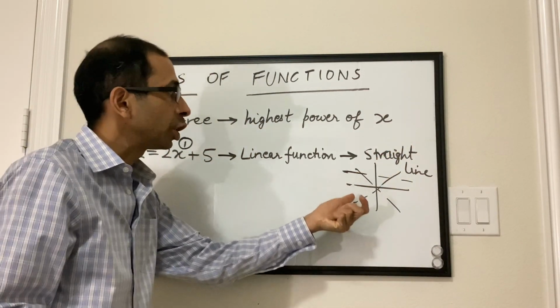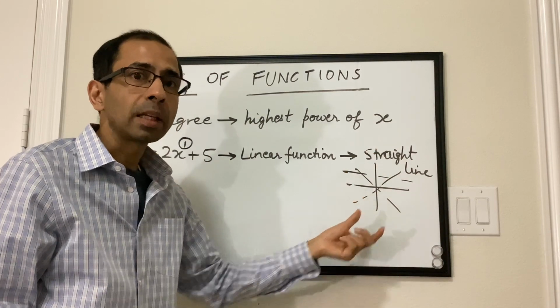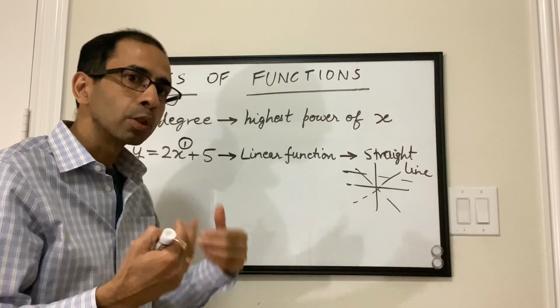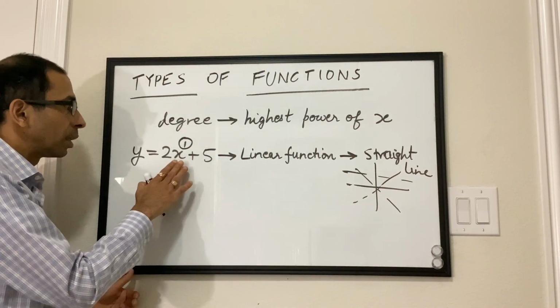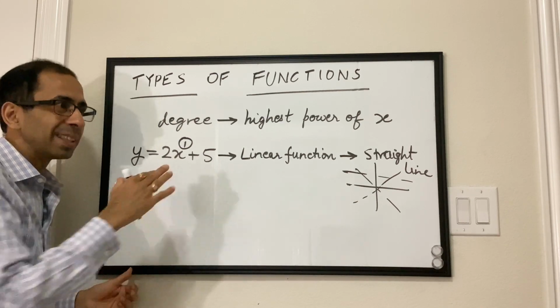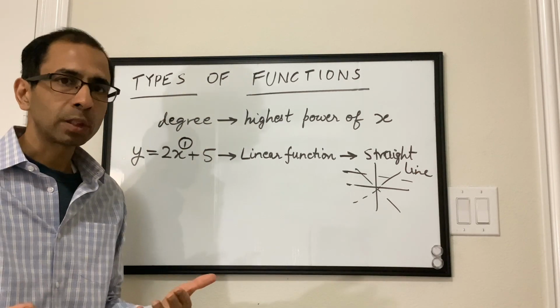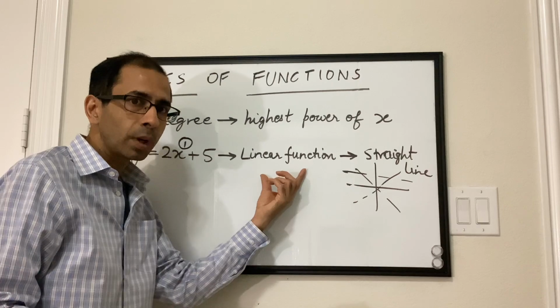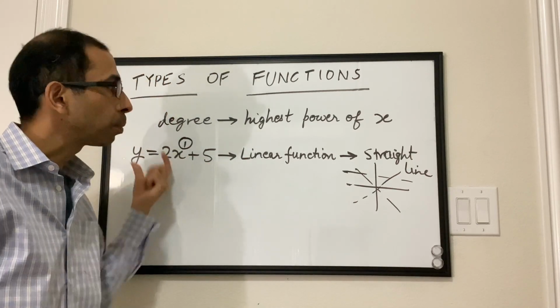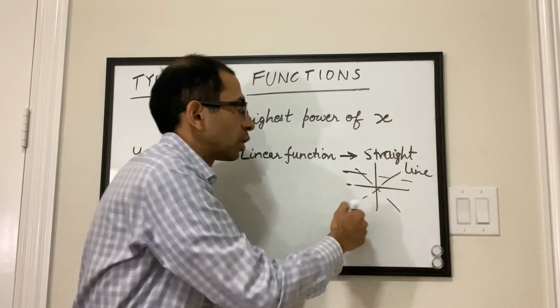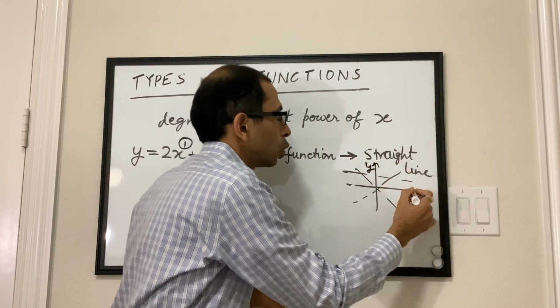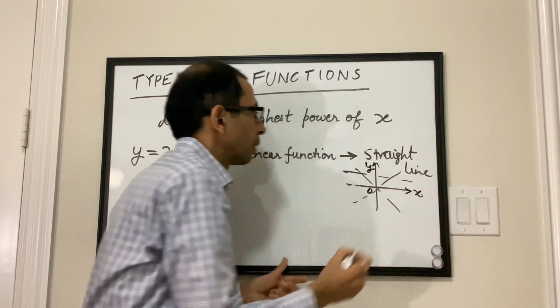So the shape of the straight line can vary, but it will be a straight line. So basically, when the degree of the function is 1, basically the highest power of x is 1, it is called a linear function, and when we plot it, it will turn out to be a straight line. Okay, and we will see how to plot any function, right?